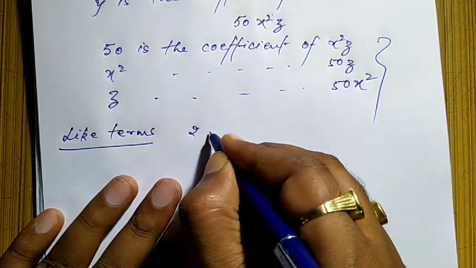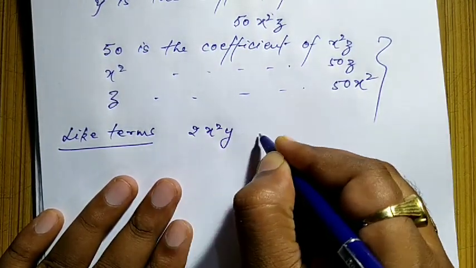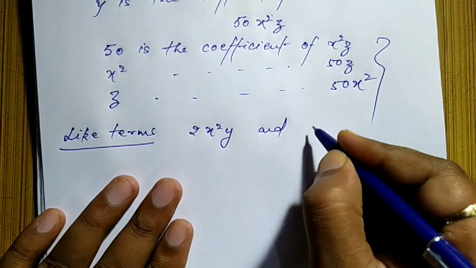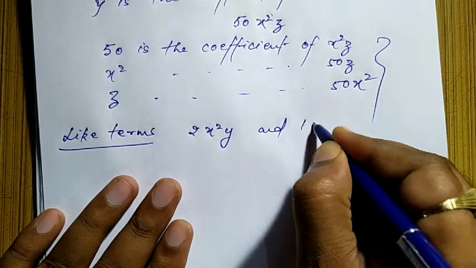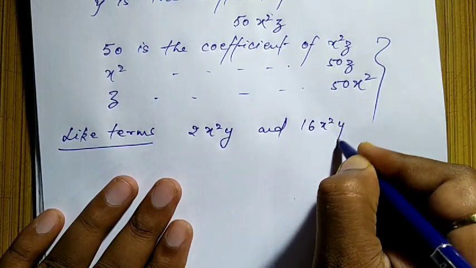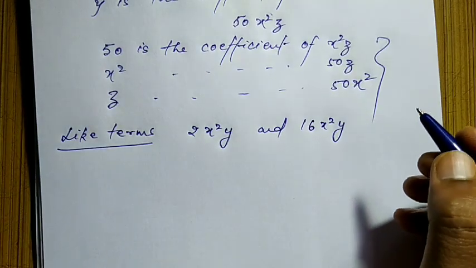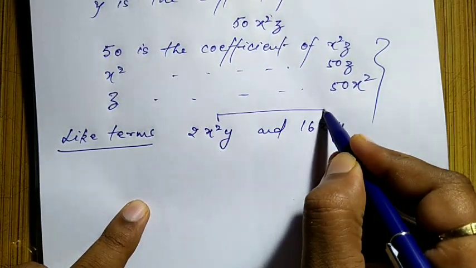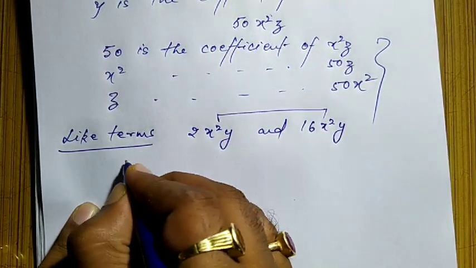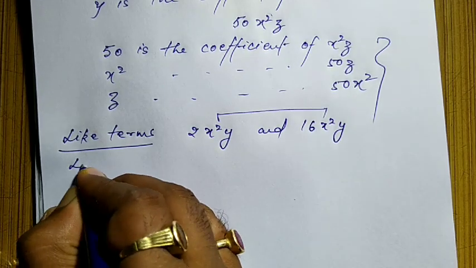Suppose I write x square y, 2x square y and 16x square y, okay. What did I tell, these are what? Like terms.